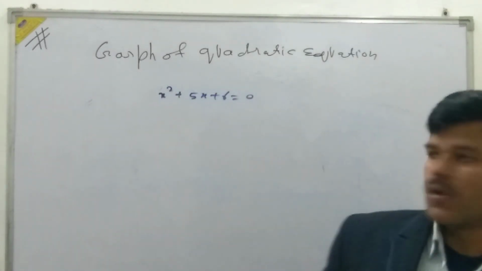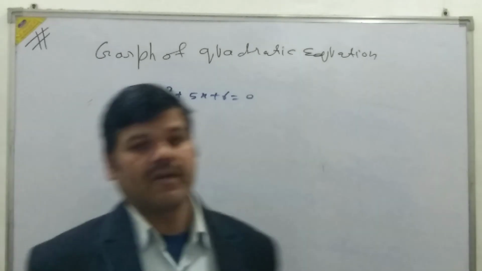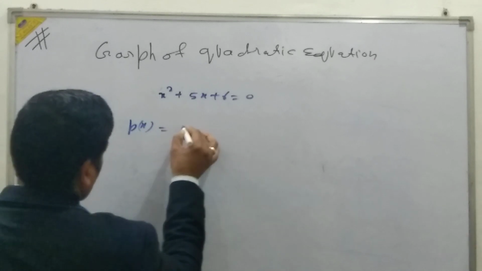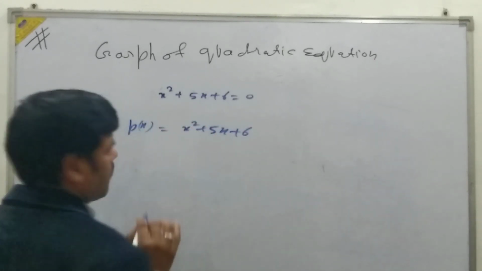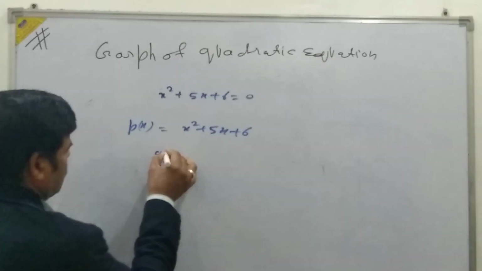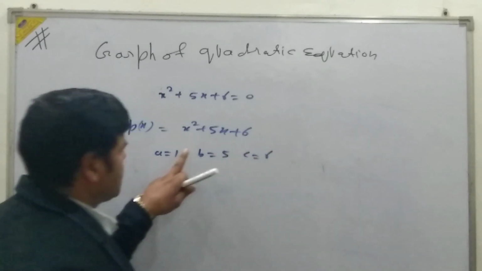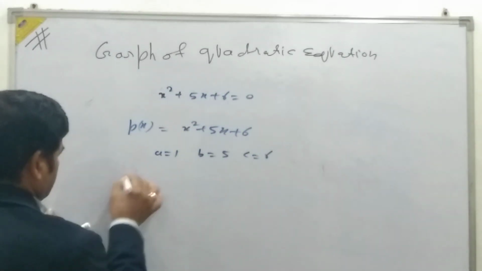First of all, let the polynomial p of x be x square plus 5x plus 6. Here a is equal to 1, b is equal to 5, and c is equal to 6. A is greater than 0, so the graph will be an upward parabola.